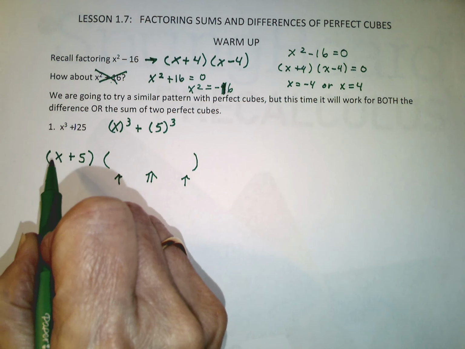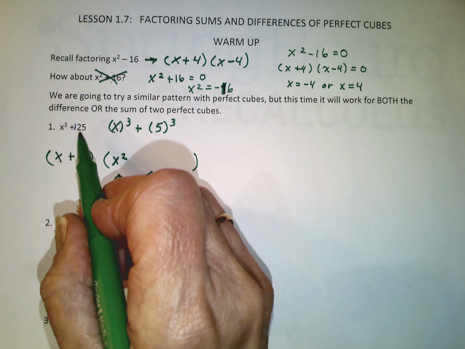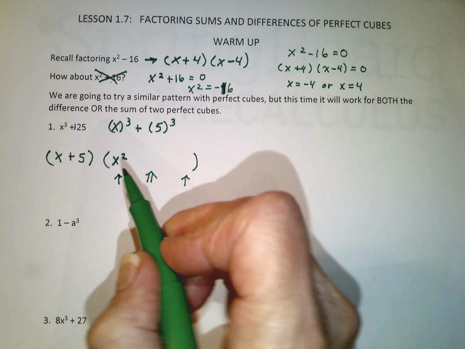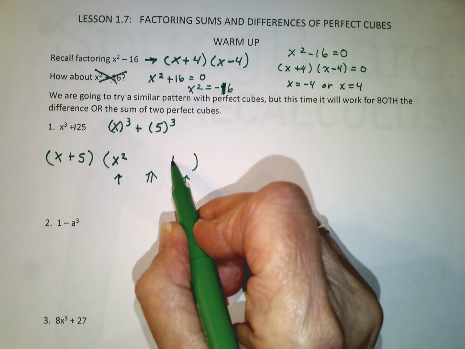So first, what do we multiply times x to get x to the third power? Well, we'd have to multiply x times x squared. So that's what goes in the front. And then at the end, what do we multiply times positive 5 to get positive 125? Well, if you know that 5 quarters are worth $1.25, you know that this would be 5 times 25.